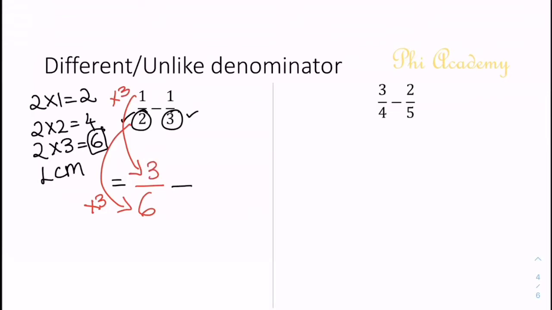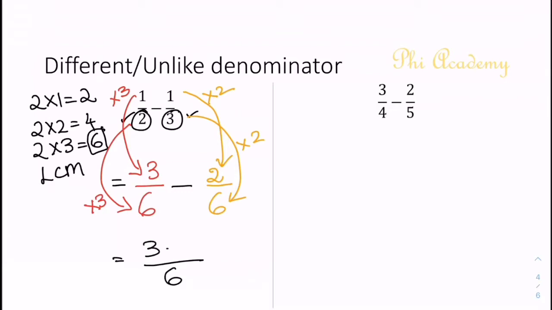Changing 1/3 as a fraction out of 6, from 3 to 6, I need to multiply by 2. So I'm going to do the same to the top number as well. 1 times 2, giving us 2. Now we can put it as one single fraction. So 6, and then in the top it will be 3 minus 2, giving us 1 over 6.